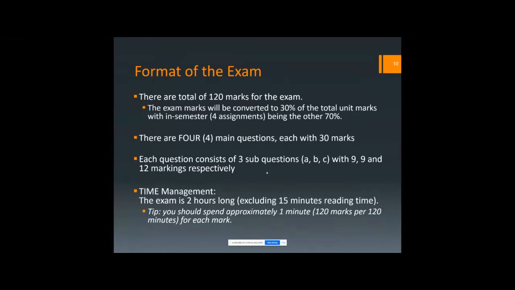The reason it's 120 marks is that it's a one-to-one map with 120 minutes, so you should spend approximately 1 minute per mark. For questions A and B with 9 marks each, spend roughly 9 minutes. For question C with 12 marks, spend about 12 minutes. That's just to help you manage your time.